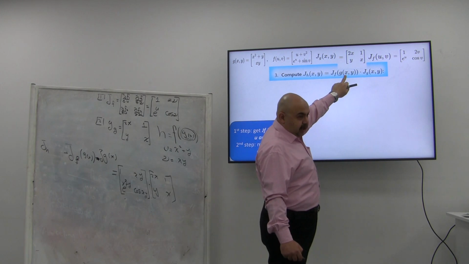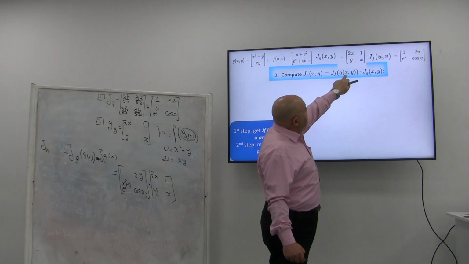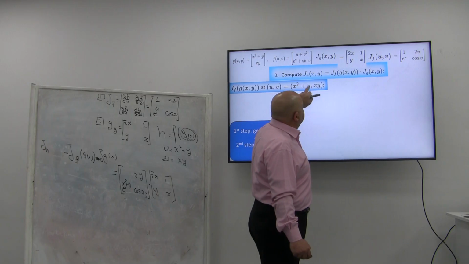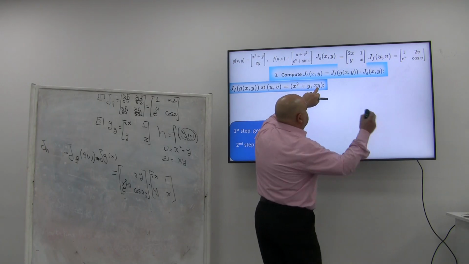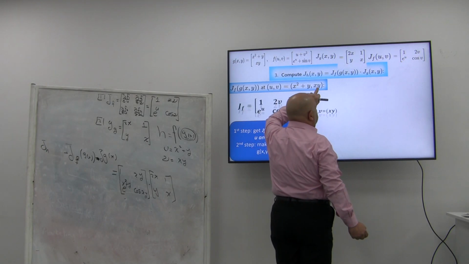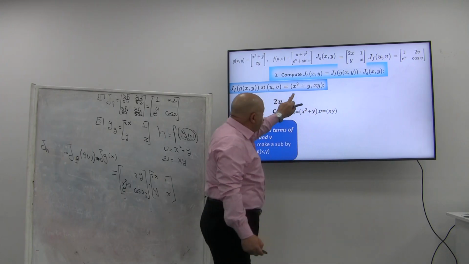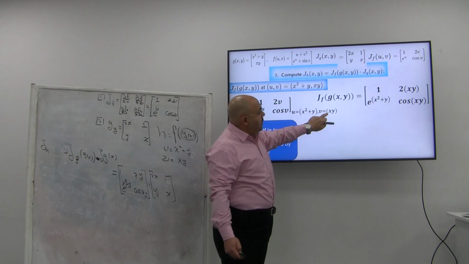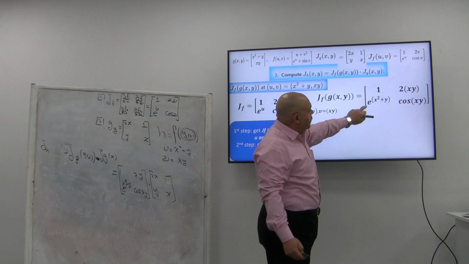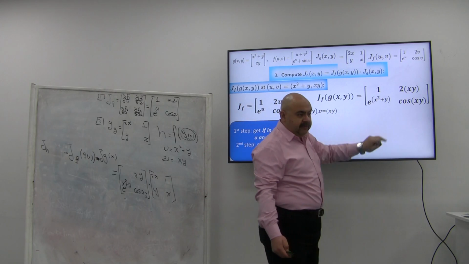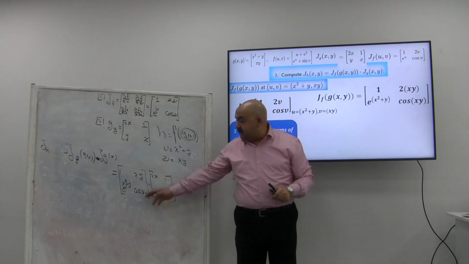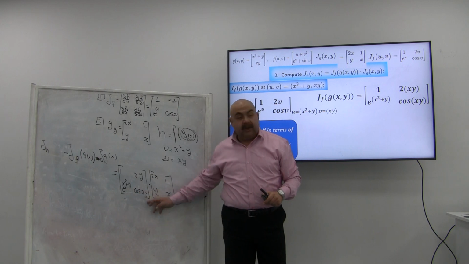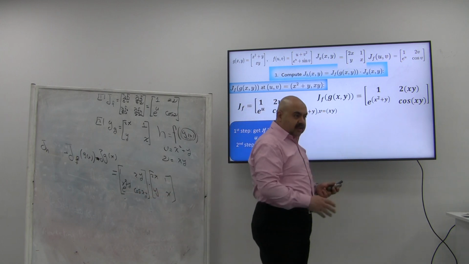The output of G, which is the functions illustrated previously, x squared y and xy, is going to be the input of the F function, which means that u will equal x squared y and v equals xy. Making the replacement, this is the Jacobian of F of G of x. Here we go: 1, 2xy, e to the power of x squared y, cosine xy, exactly the same.